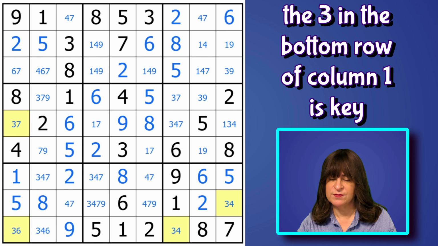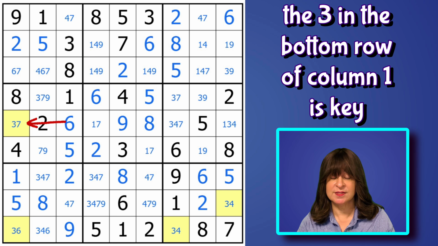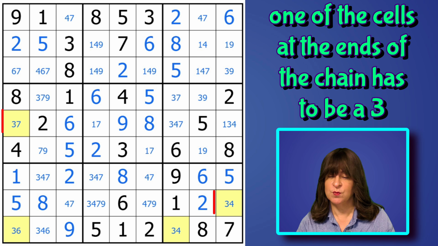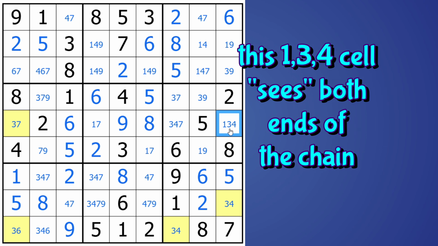Okay, but what if this cell in the bottom row is not a 3? Then this cell has to be a 3 since there are only 2 3s in column 1. So either way, one of these cells has to be a 3. So just like with the 2-string kite, any cell that sees both of these cells cannot be a 3. And this cell sees both, and so this cell cannot be a 3.